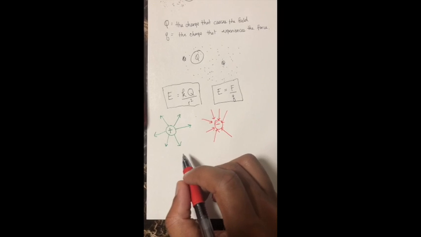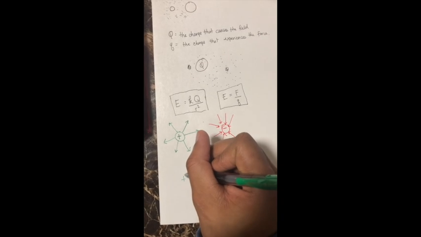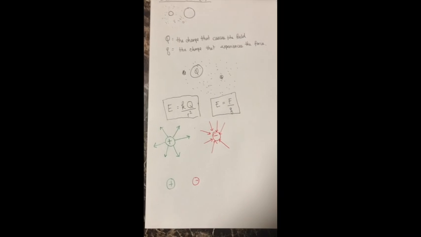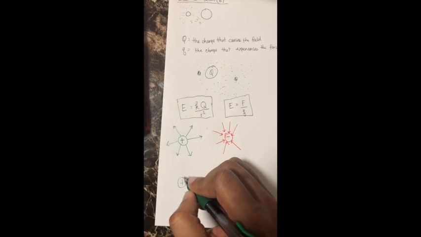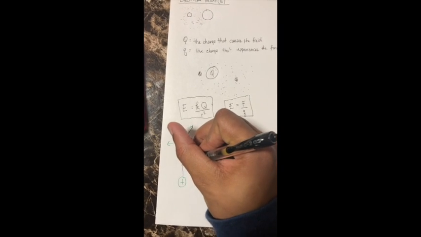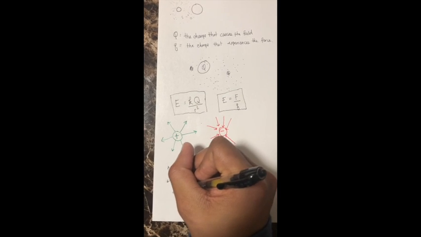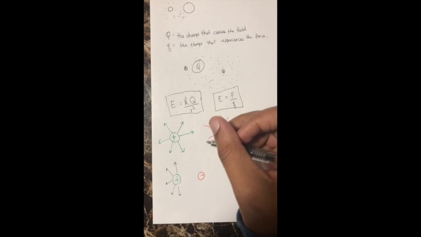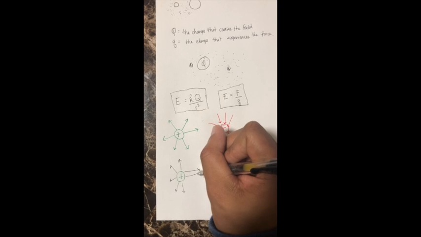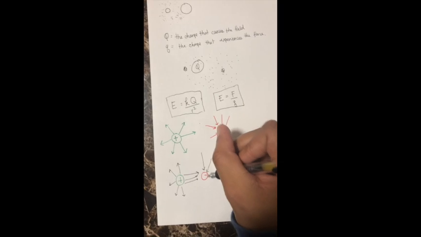So that's why, if I have a proton and if I have an electron, the electrical field is going to be pointing out of the proton and it's going to be pointing into the electron.